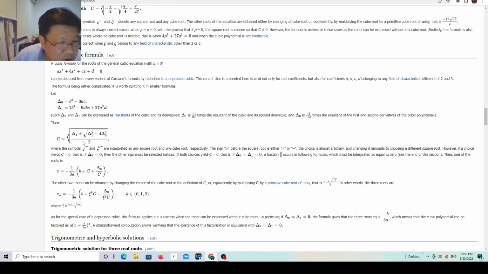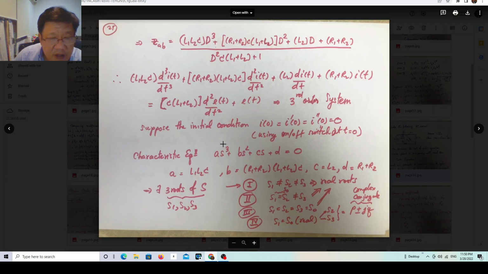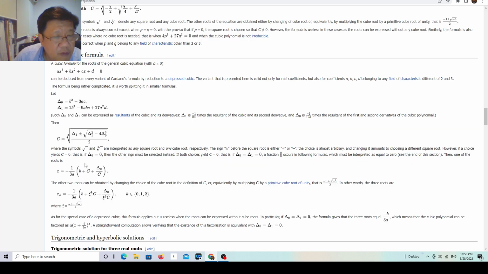In this one also, once you have three roots here, you know the condition already. It means that you have an exact formula that you can use to solve it.